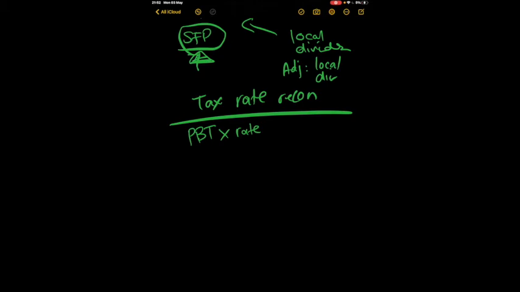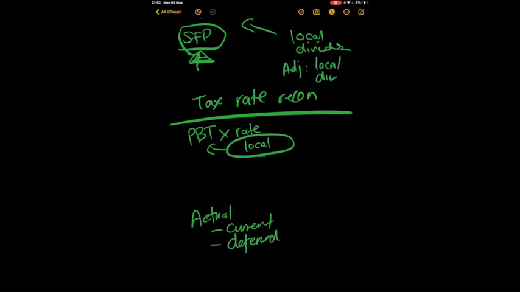Now, in my profit before tax, I have the local dividend, right? But in my actual tax expense, which is the current tax plus the deferred tax, what is there relating to this local dividend?